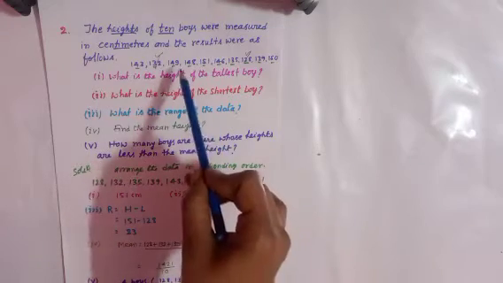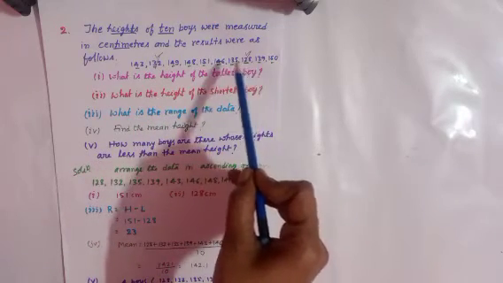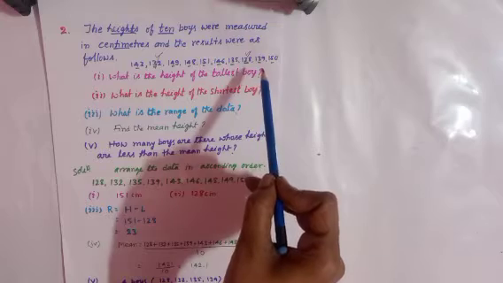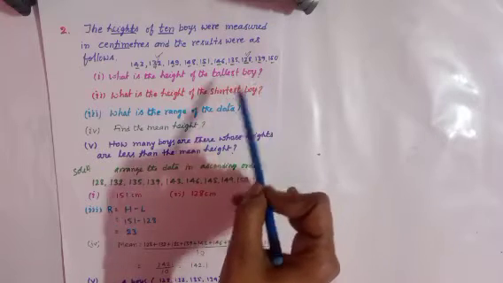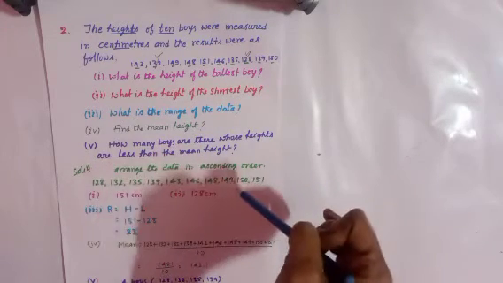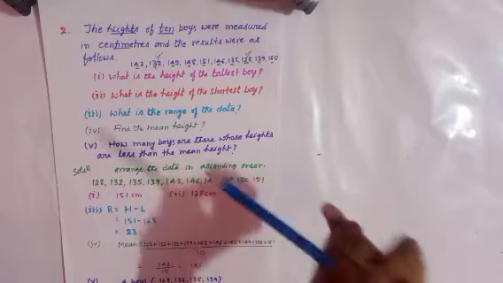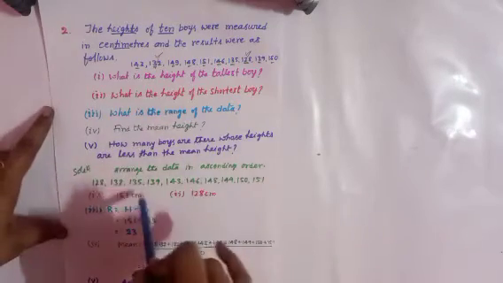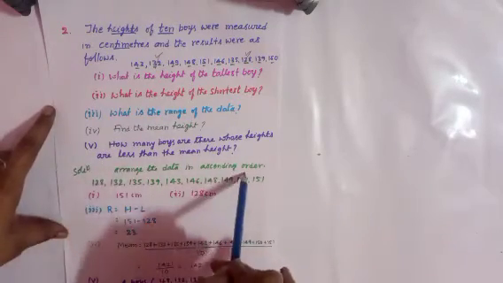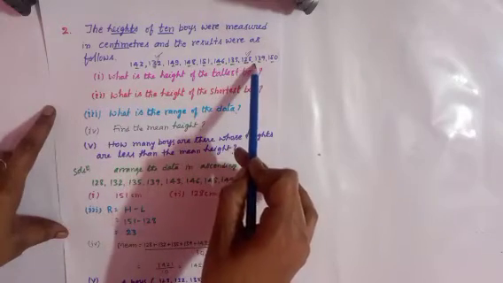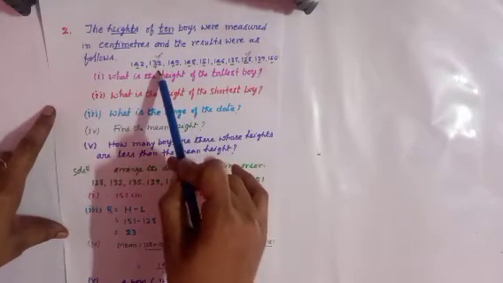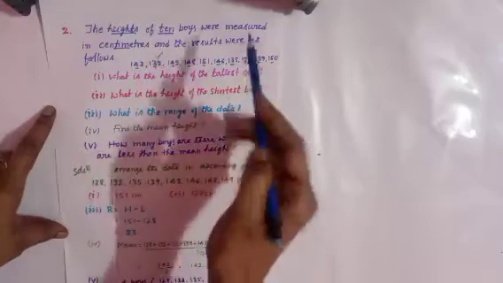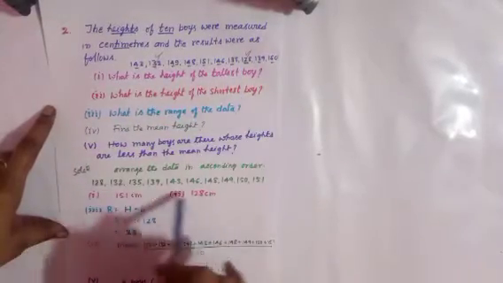So first we have to arrange the data in ascending order. Smallest number to the biggest number is called ascending order. The smallest number is 128. Next is 132. Next is 135. In this way we have to go on arranging the data.